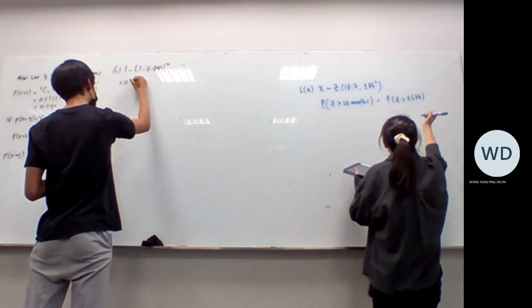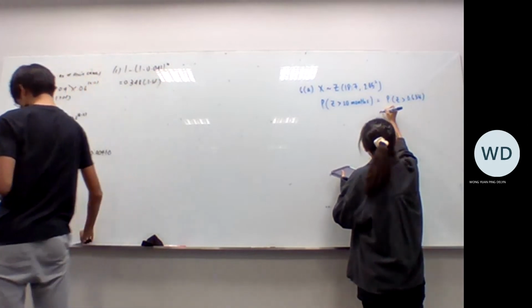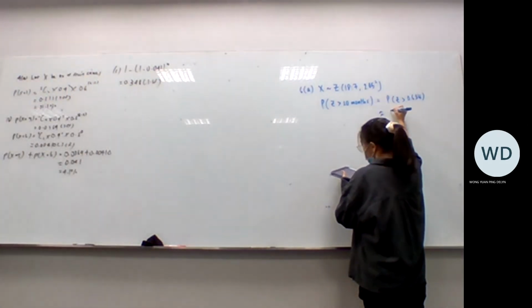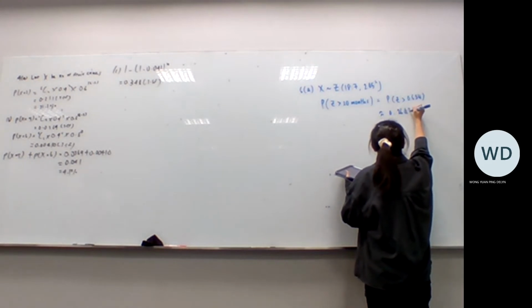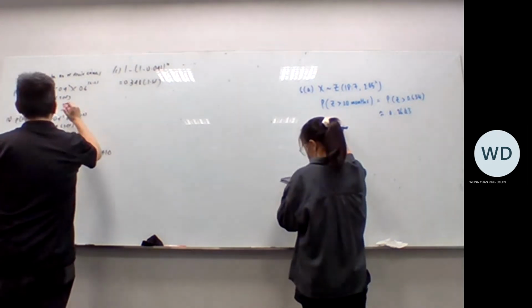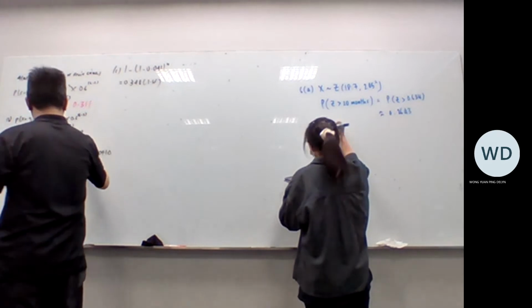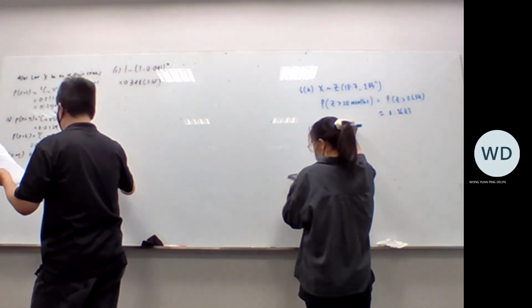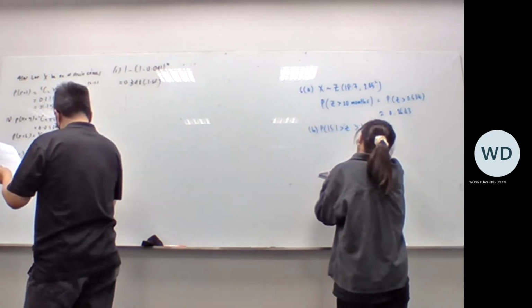Question 5. 5A is 0.159. Let me read the question. So this is correct, it is 0.311.